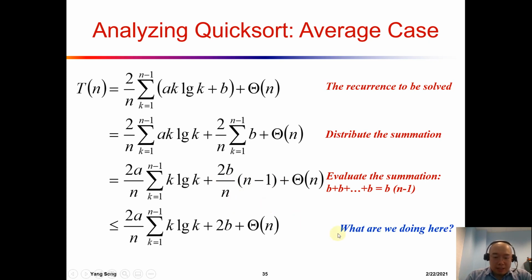Okay, so what are we doing in the next step? Well, for the n minus 1 divided by n, this term will always be smaller than 1. So 2B divided by n and multiplied by n minus 1 will always be smaller or equal to 2B.